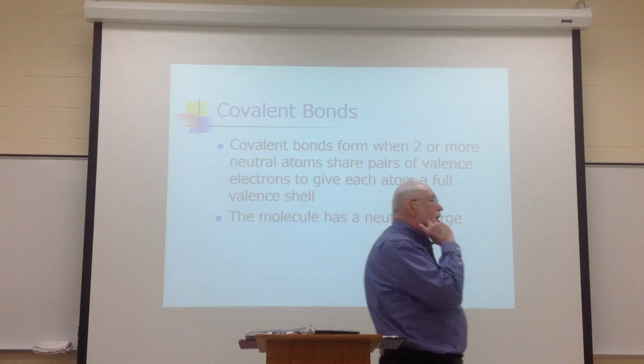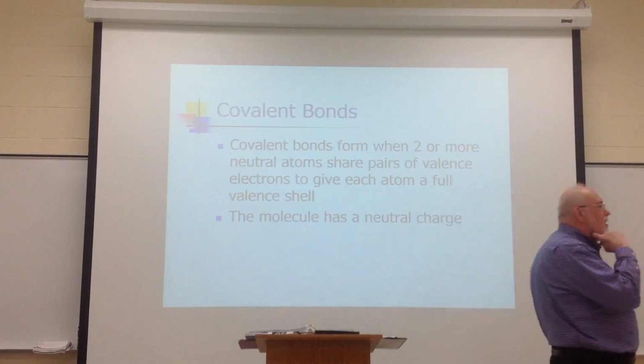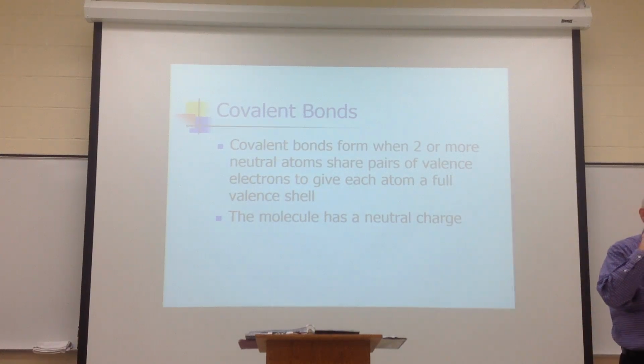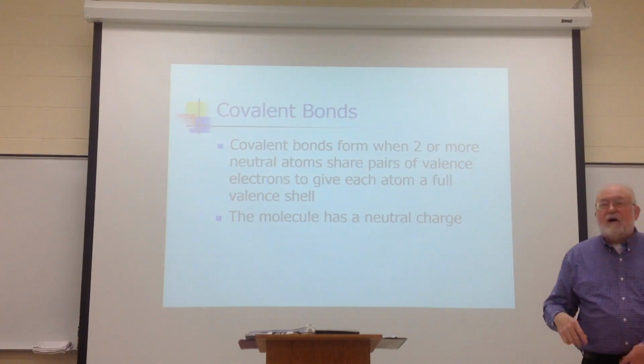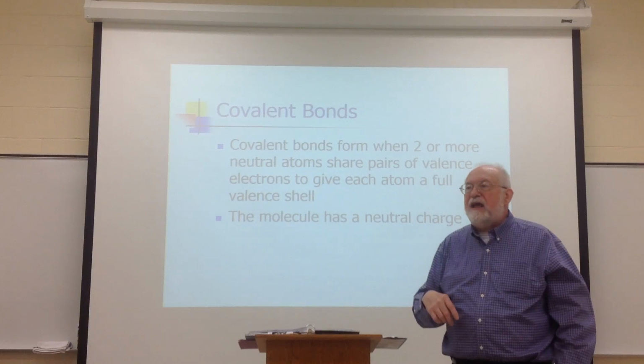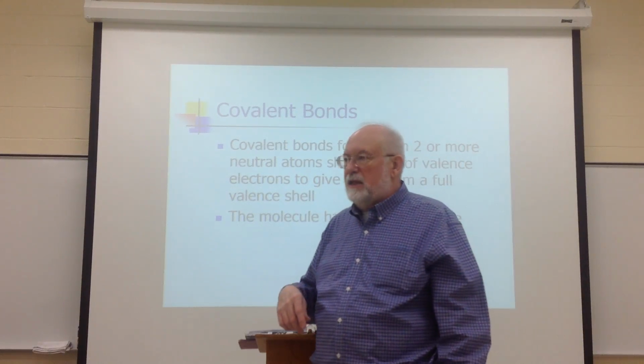All right, remember, what do we call the structural unit for an ionic compound? A formula unit, right? Remember that was the smallest sample you could have? All right? Smallest sample you can have of a covalent compound is a molecule.